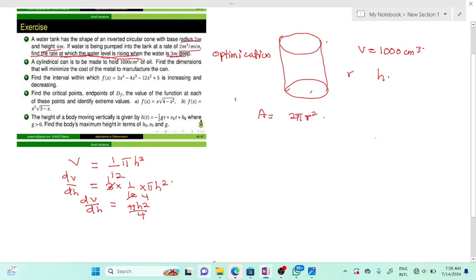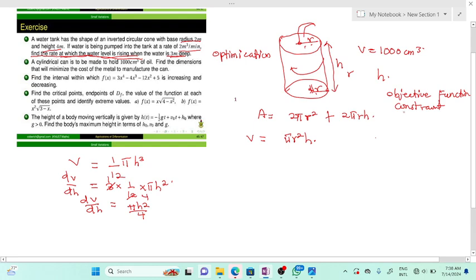In optimization, we have the objective function, and then we have what we call the constraints. The objective function is the function you'll be handling for our calculation; that is what you substitute variables and parameters into. But the constraint is what limits us. This is how far you can go.